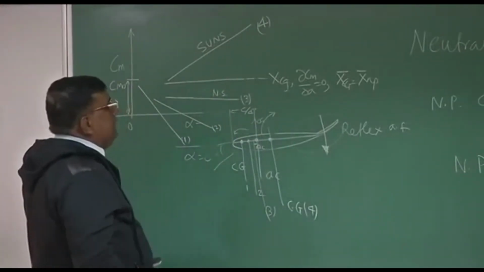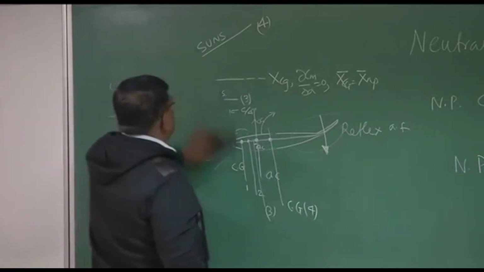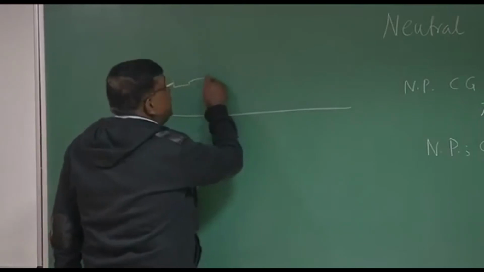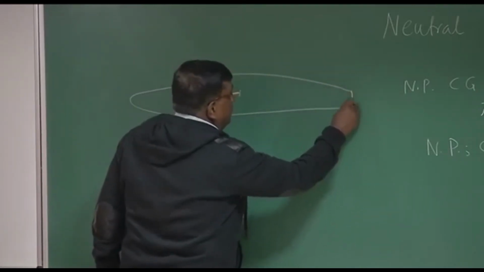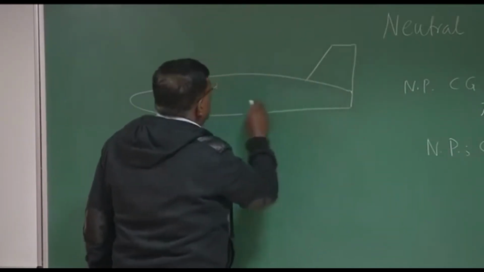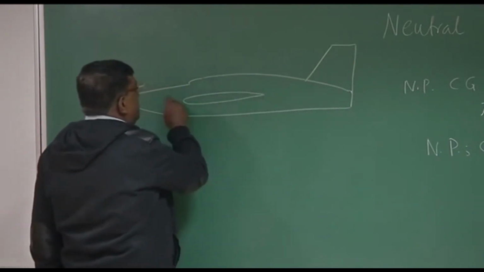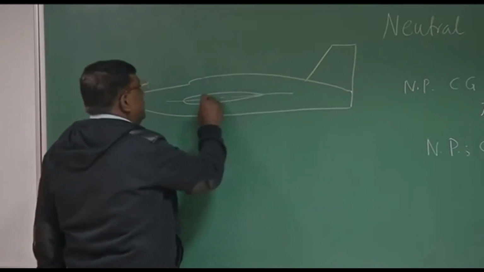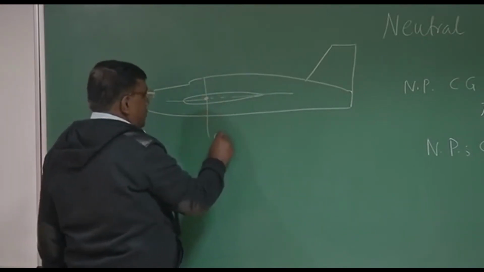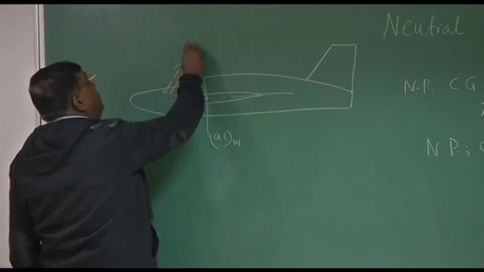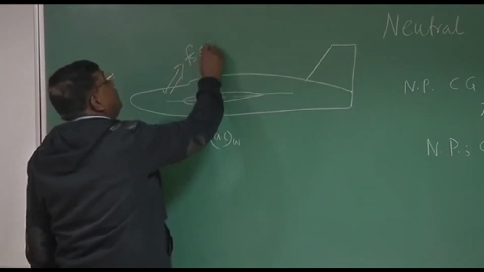How do I extend this understanding to aircraft? Let us see. This is the aircraft. Let's say this is the AC of the wing. For the time being, assume the fuselage effect is 0.